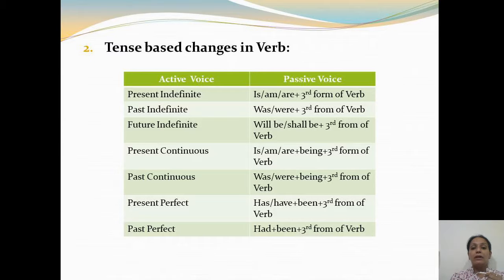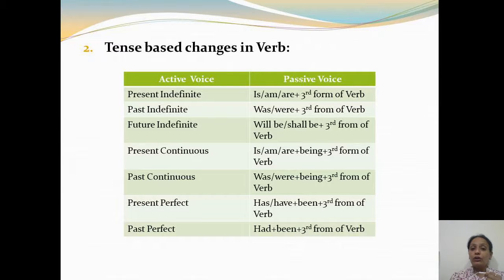Similarly, in present continuous tense, where we use is, am, or are along with the first form of verb in the active voice, in passive voice the same structure will change: is, am, or are will remain as it is, but we will add the word being, that is another form of be, followed by the third form of verb.